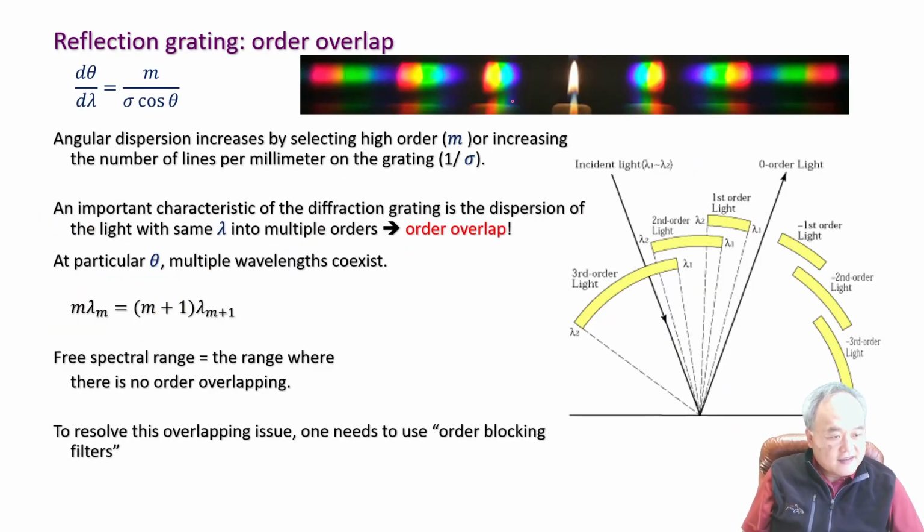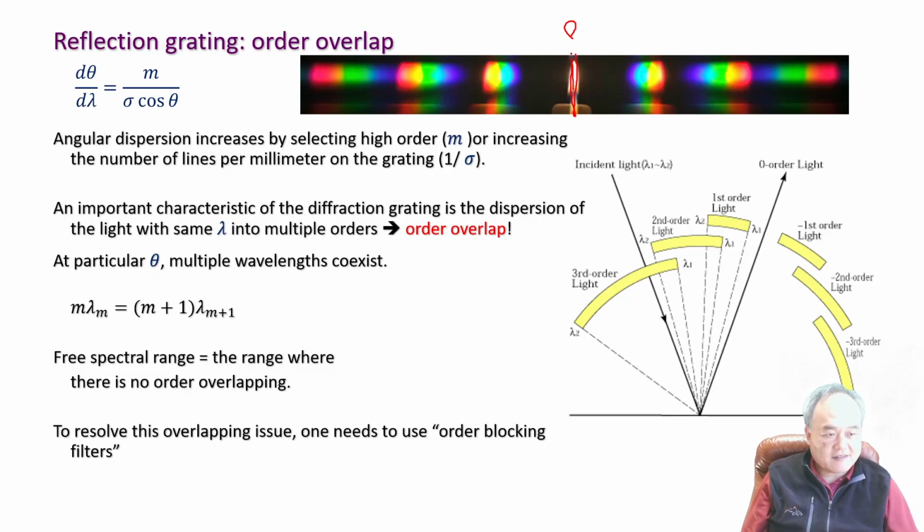And that can be seen in the picture. This picture is taken through a transmission diffraction grating film. When you see candlelight through the transmissive diffraction grating, the center zeroth order basically just appears as non-dispersed.